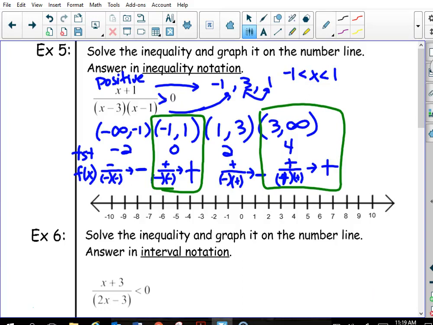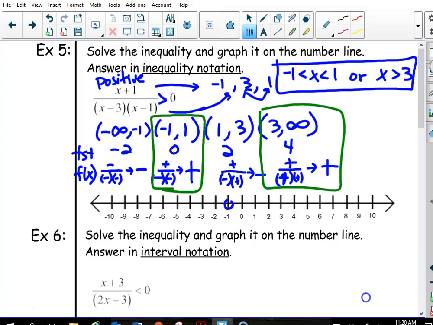And x is going to be greater than 3. And I believe they use the word or. Okay, less than between -1 and +1, greater than 3. Okay, that's enough for this video.